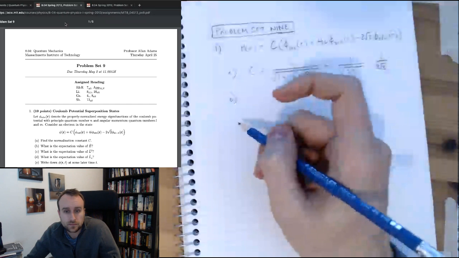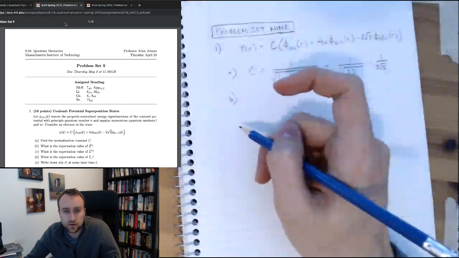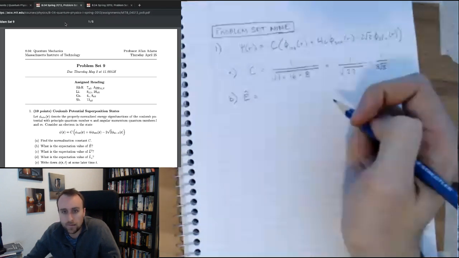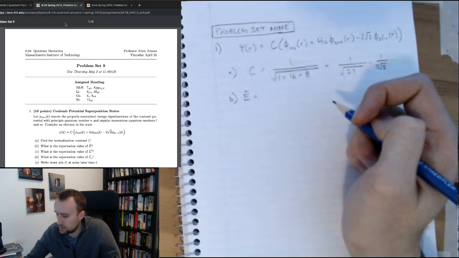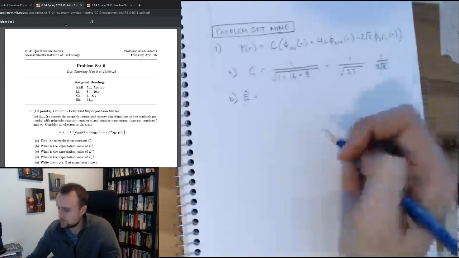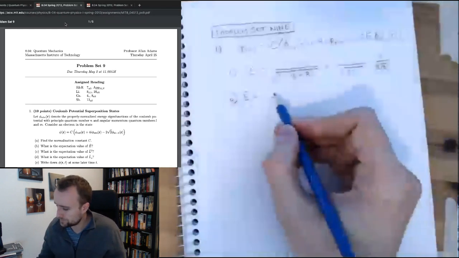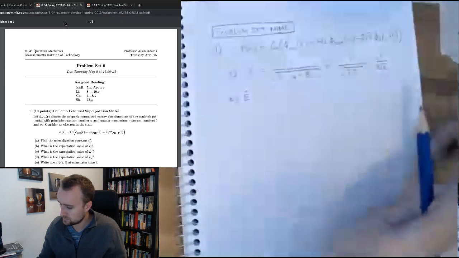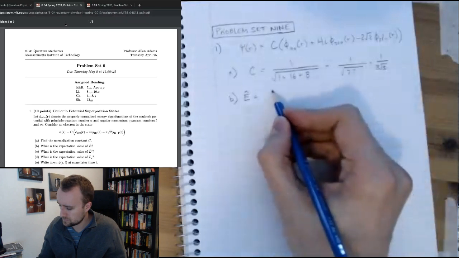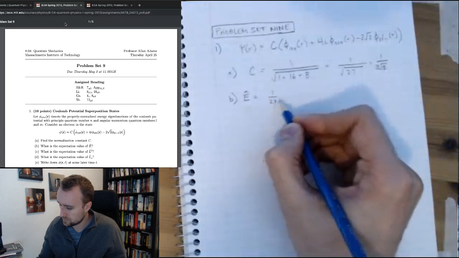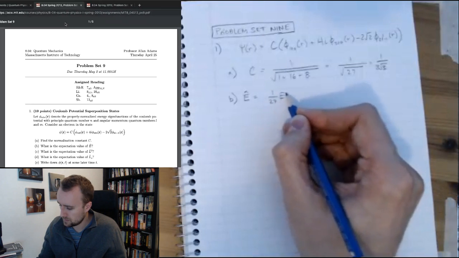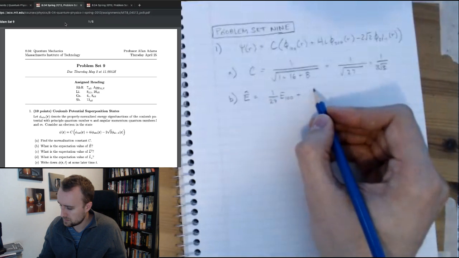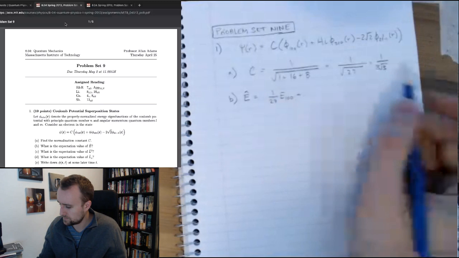B, expectation value of energy. So the expectation value of energy is going to be, what is... one 1/27th E. Oh, this is too much.